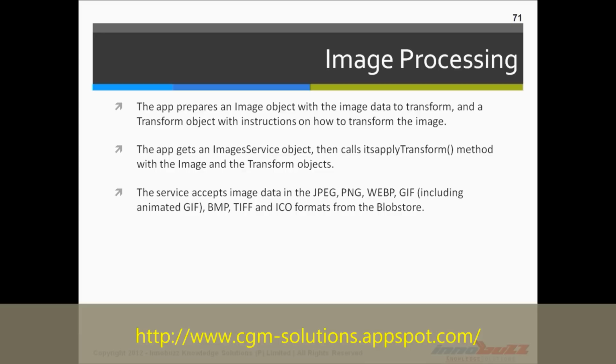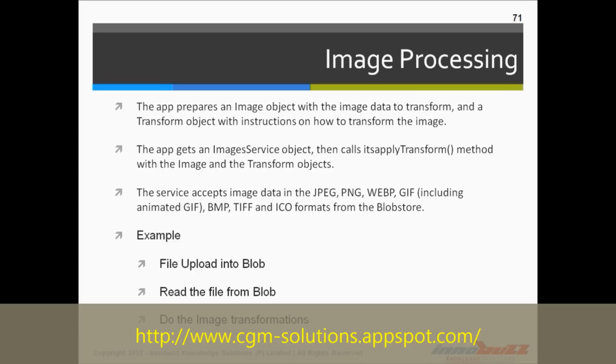The service accepts image data in JPEG, PNG, GIF, BMP, TIFF and ICO formats from the blobstore. In this example, we'll create a sample file upload that stores the image into the blob, and we will read the image from the blob and do the transformations on the image.